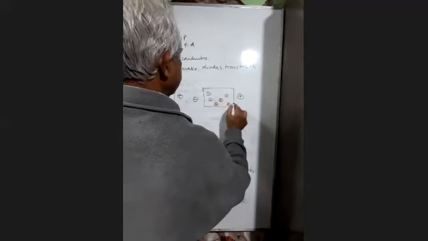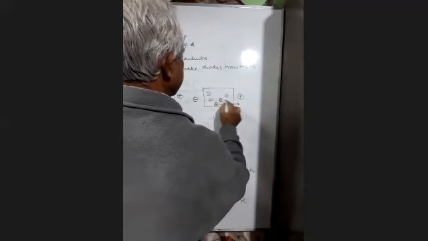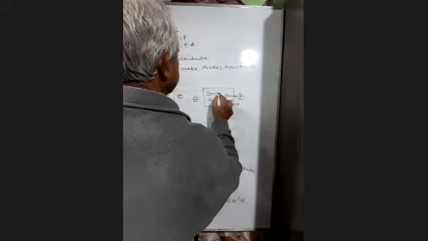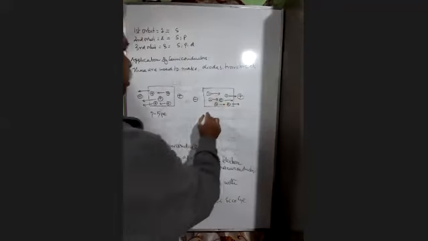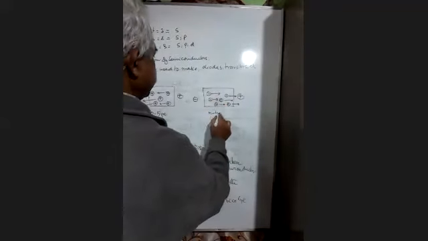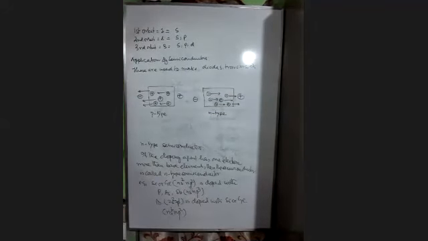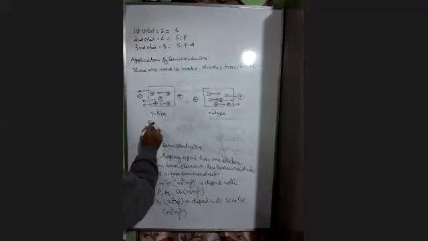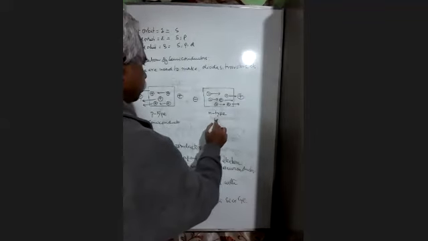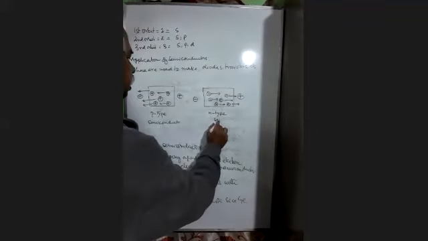Like this, so it will move in this way. This is the N type. And this is the P type semiconductor.